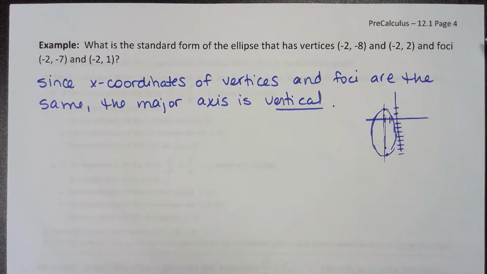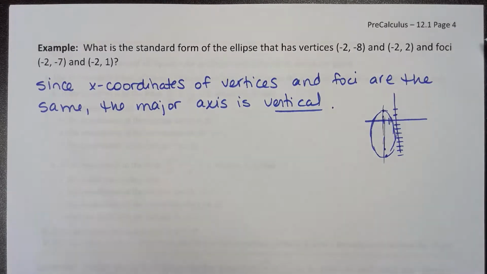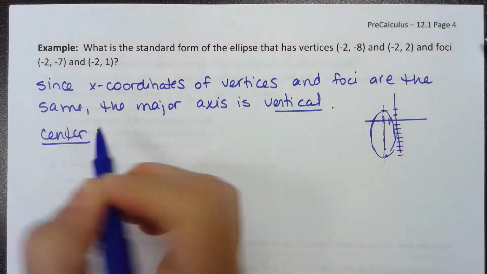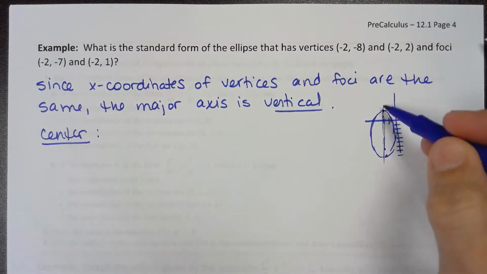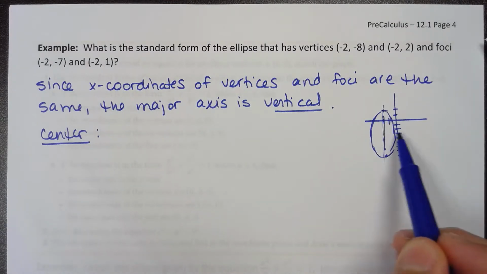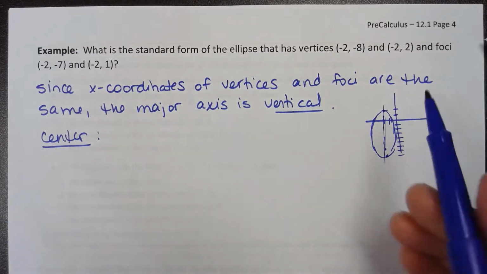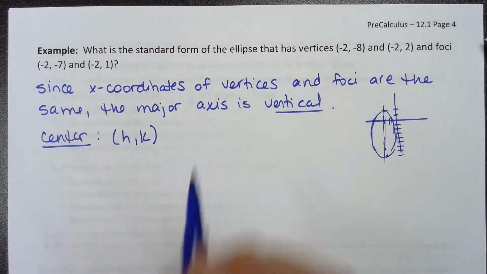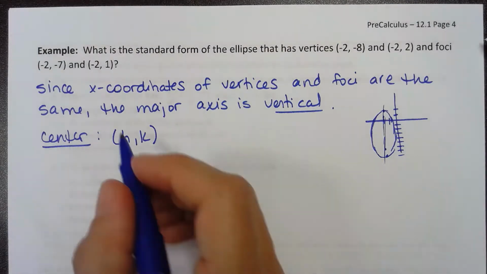So let's look for our center. Remember, the center is in the middle of your major axis. It's also in the middle of your minor axis. So we just use the midpoint formula. Our center is (h, k). The midpoint formula is the sum of the x's over 2.